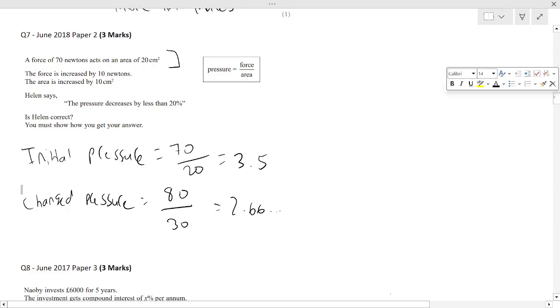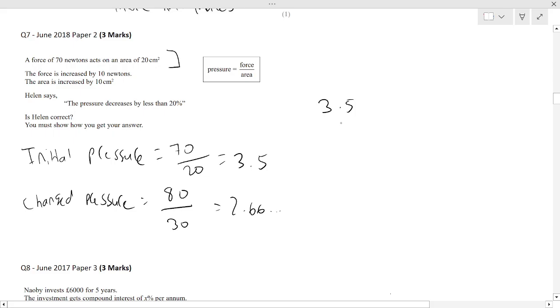Okay, so what we need to do then, she says the pressure decreases by less than 20%. So we need to find this percentage change, right? There are a few ways you can do it, but actually I think the way that makes sense to me is, well, really, when we're saying the percentage decrease, you should be really comfortable with multipliers by now.